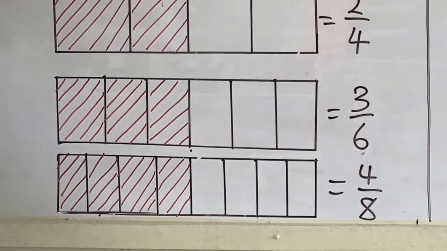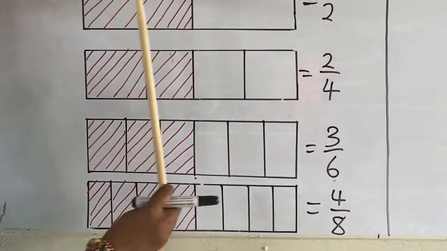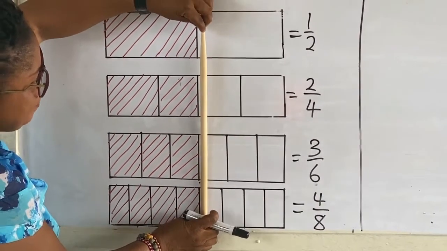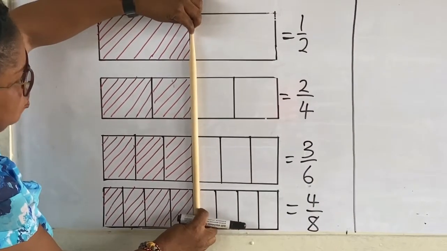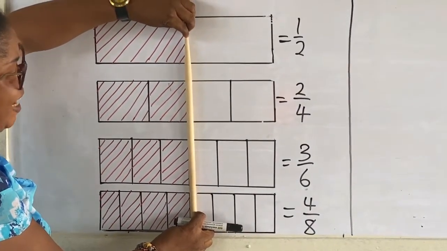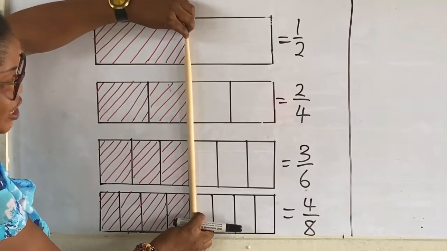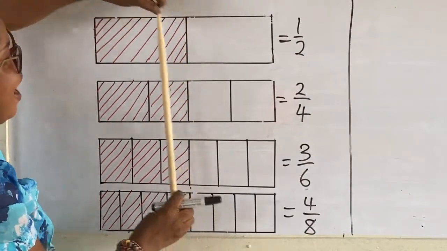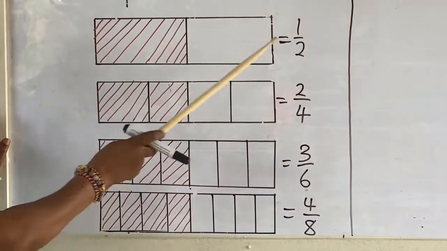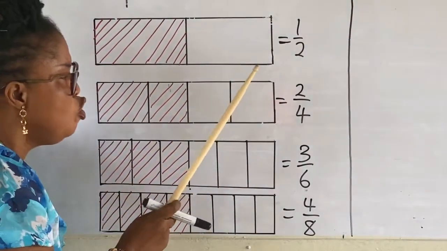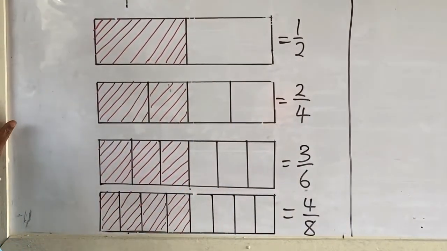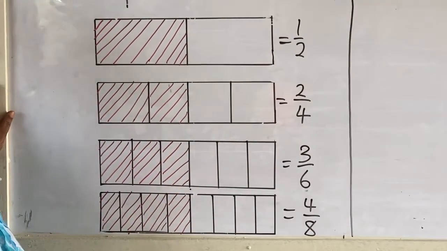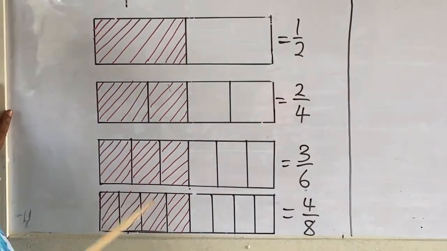Now, let's look at where it has been shaded up to. It has taken half of the 8, which is the same as 4/8. So it means half is equal to 2/4 is equivalent to 3/6 is equivalent to 4/8.